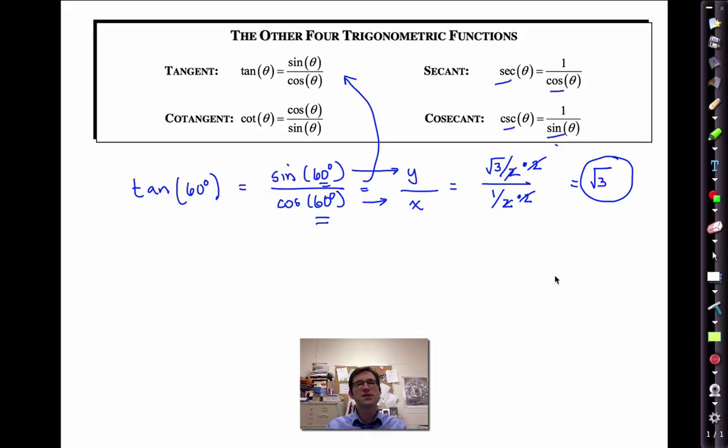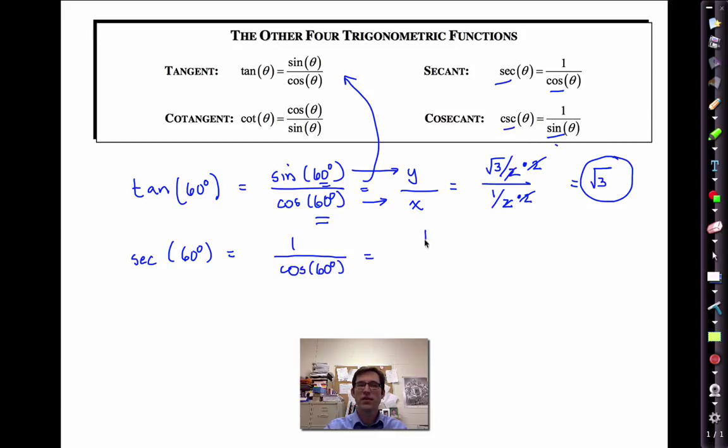I can now take those definitions and use them to figure out the tangent, the cotangent, the secant, the cosecant at a variety of different angles. For instance, let's say that I wanted to know what the secant of 60 degrees is. Well, the secant of 60 degrees would be 1 divided by the cosine of 60 degrees.